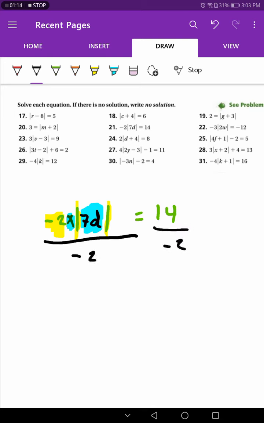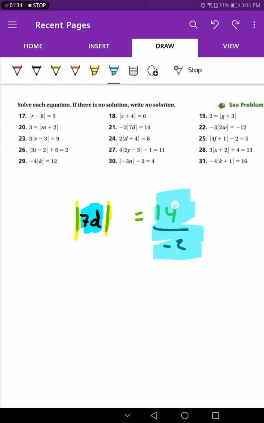What you do on the left, you do on the right, and this will be eliminated, and now the absolute value is alone. And on the right side, 14 divided by negative 2 equals negative 7.